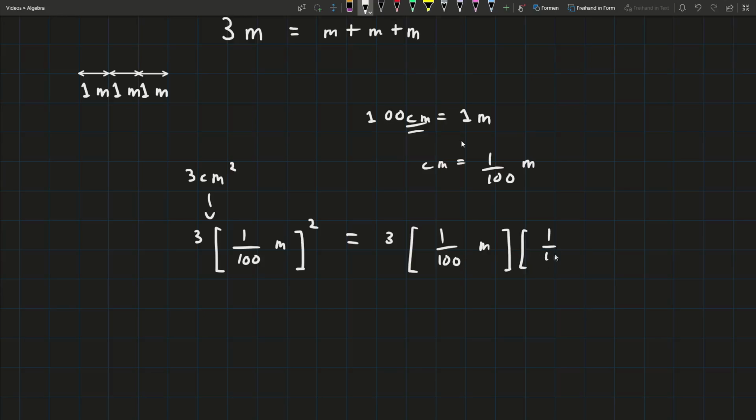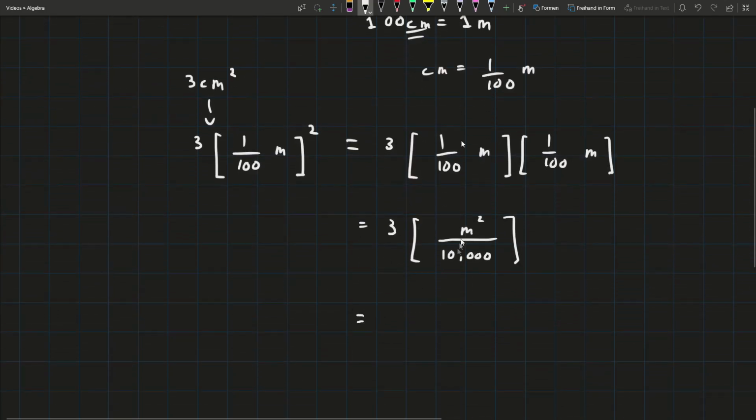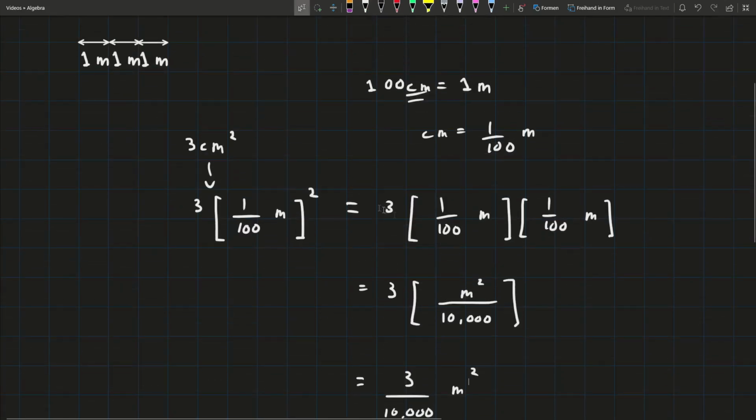So you have 1 over 100 meters times 1 over 100 meters, and then you get 3. 100 times 100 gives you 10,000. And a meter times a meter will give you meters squared. And obviously we want our answer in meters squared, so we can just rearrange this fraction. We have 3 over 10,000 meters squared. And you can see we've converted there without trying to memorize anything.